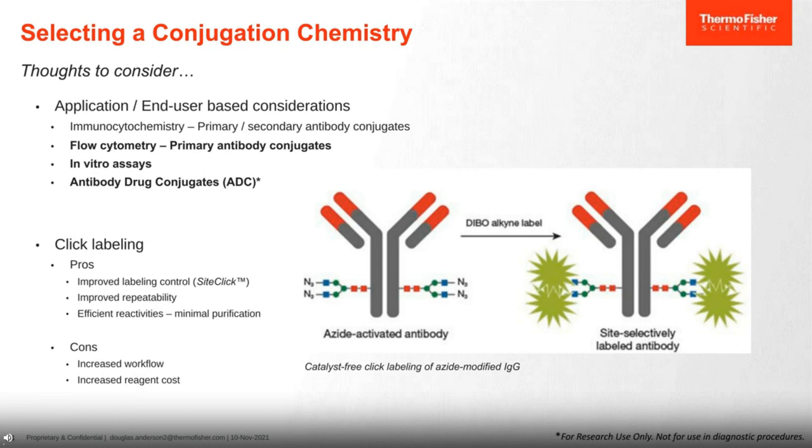However, these workflows can be a little more expensive, and they add a little extra hands-off time performing the extra steps to generate the intermediates that are needed, such as the azide-activated antibody in this figure. So this really becomes helpful if you have an application where you need an exceptionally high-performing antibody.